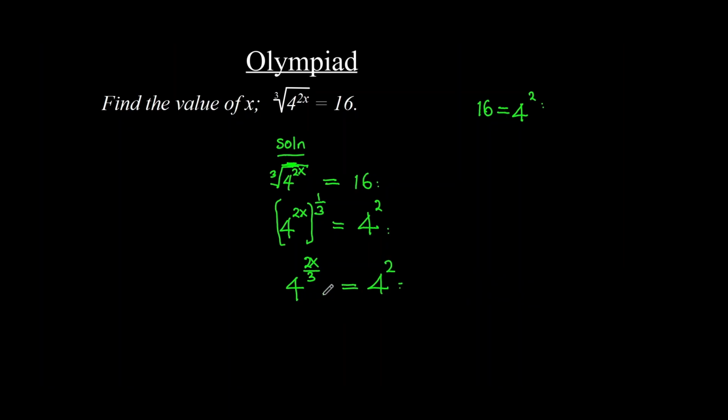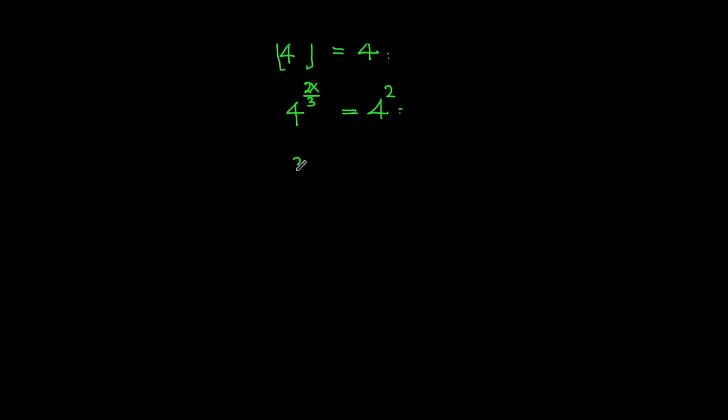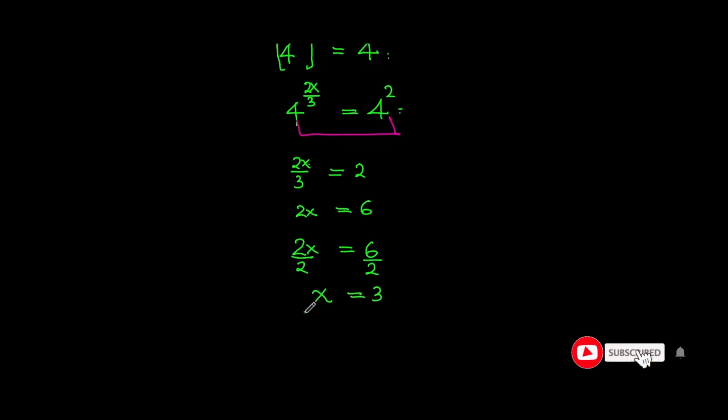Since the bases are the same, we equate the exponents. Therefore, we have 2x over 3 equals 2, because the bases are simply the same. We can remove this denominator by multiplying through by 3, and we have 3 times 2 is 6. So we can divide both sides by 2 in order to get the value of x. Therefore, x is equivalent to 3.